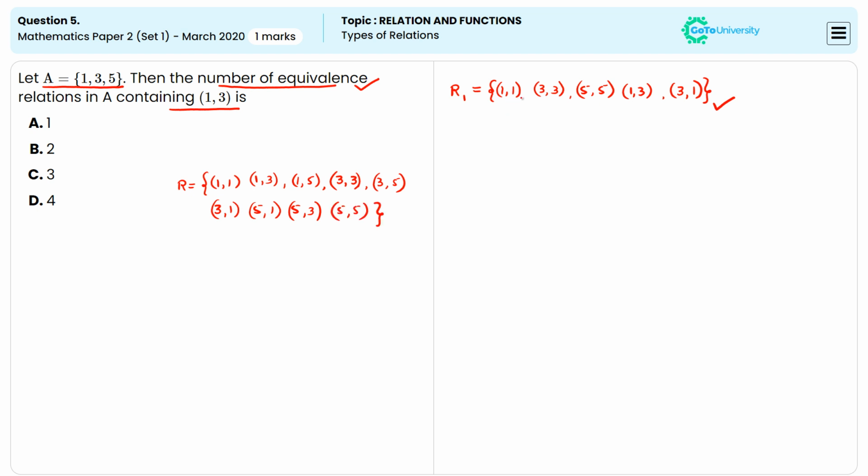Now, if you see here, we have already taken 5 elements: (1, 1) is done, (3, 3) is done, (5, 5) is done, (1, 3) is done, and (3, 1) is done.